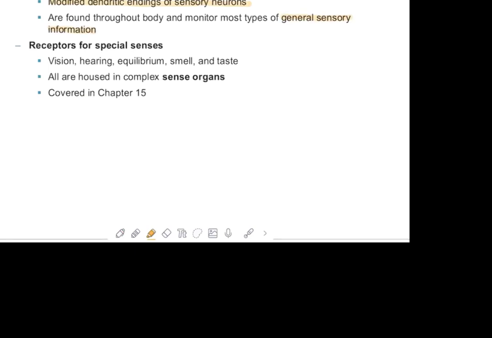So the general sensory information would not be special senses. Special senses are going to be covered in chapter 15, and they house complex sense organs. Things like the eye for vision, the ear for hearing, the inner ear for equilibrium, smell for the olfactory receptors in the nose, and finally the gustatory receptors, which are the taste receptors.